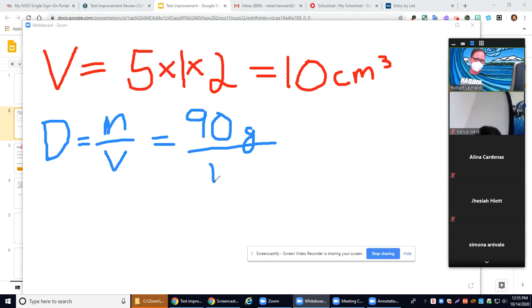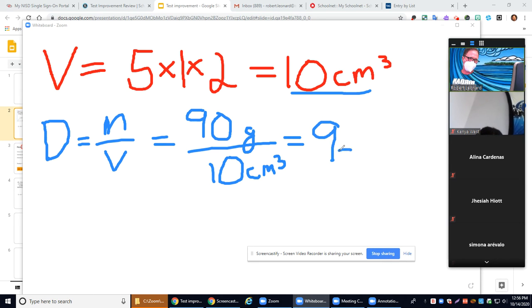Divided by 10 centimeters cubed. That is our volume, and we got that from our first step. Equals, well, what is 90 divided by 10? It is 9. 9 what? 9 grams per centimeter cubed. That's problem 1.